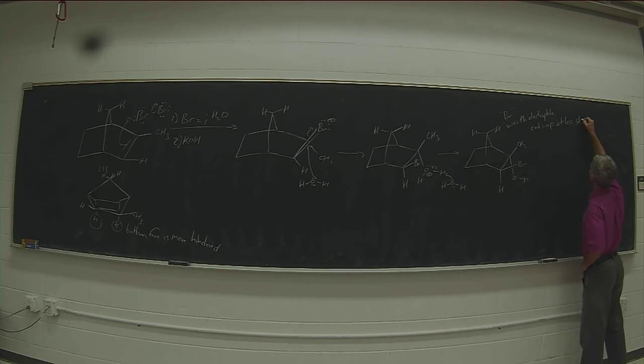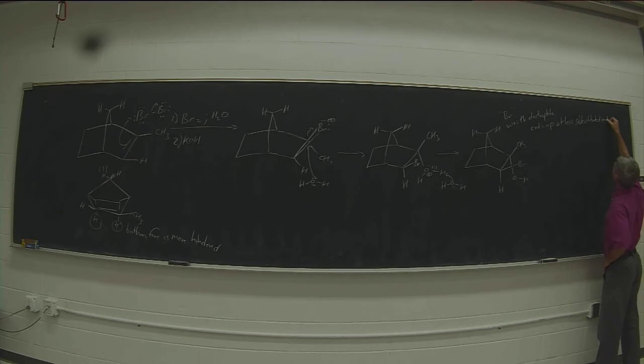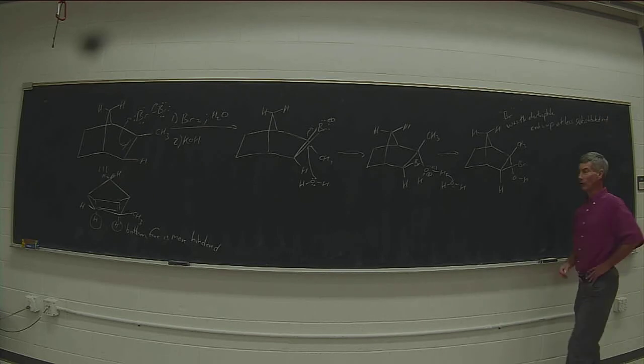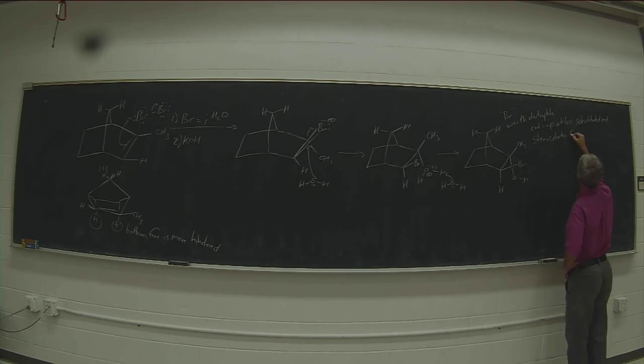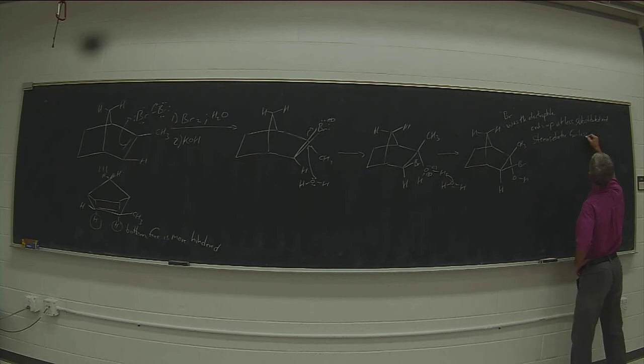So regiochemistry says that it's at the less substituted end. And stereoselectivity at the less hindered face.